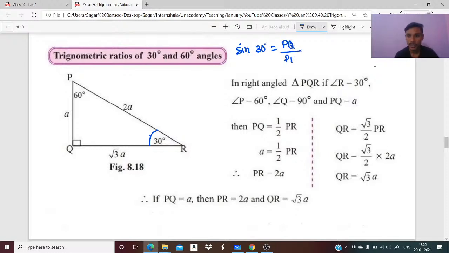The length of PQ is A, and the length of PR is 2A. So this A will get cancelled out and you will be left with a half. So the value of sine 30 degree is half.